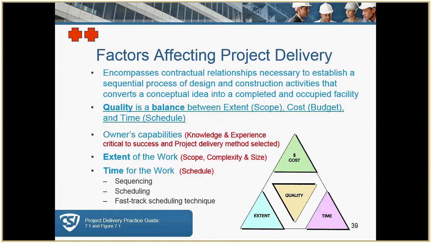And all 3 of those affect quality, and quality is in the center. And as you're working through your project, you will realize that there's going to be some give and take in either cost, extent, or time. So quality, define quality. Quality is a balance between the scope, the budget, and time.